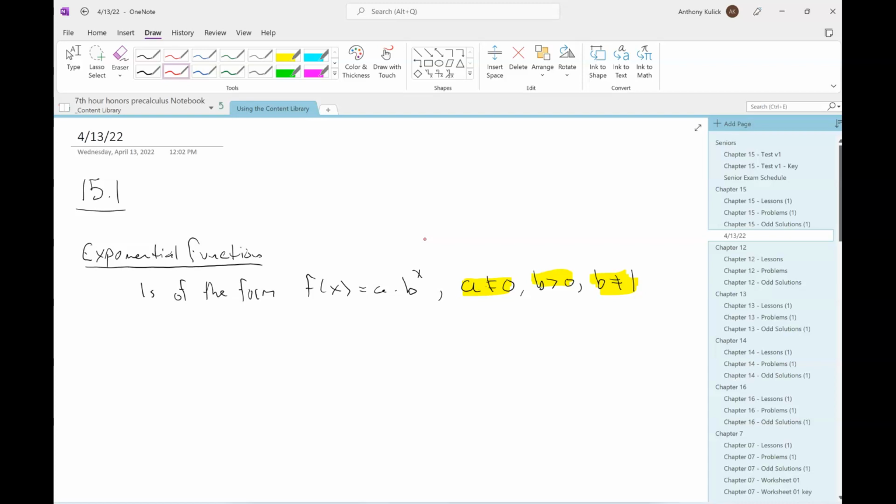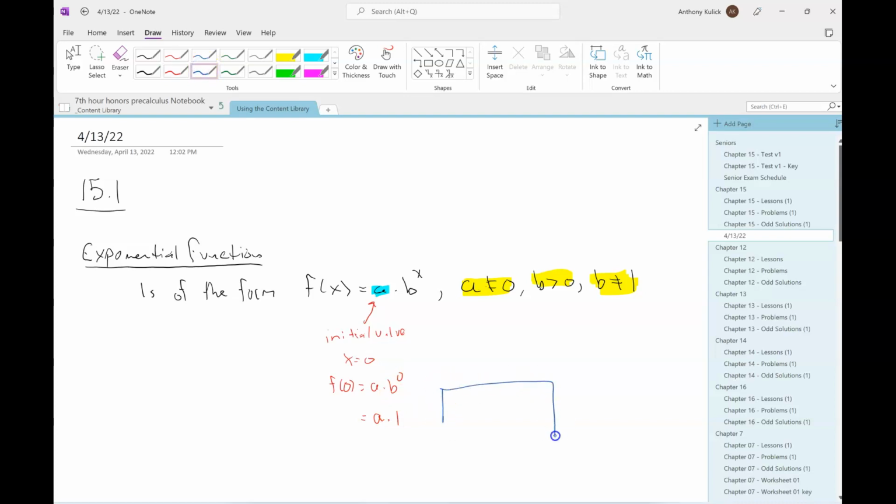Does everybody feel cool with that? A little bit of vocabulary here. The a, we oftentimes refer to as the initial value. The reason we say that is because if we think of x equals 0 as our very first input, we'd end up with a times b to the 0. And what does b to the 0 equal? 1.